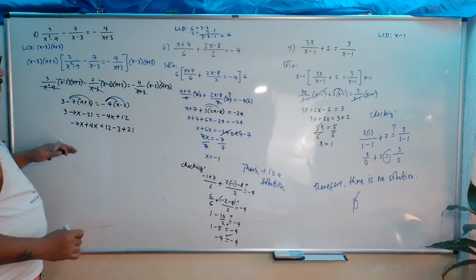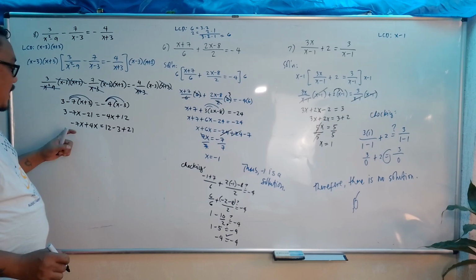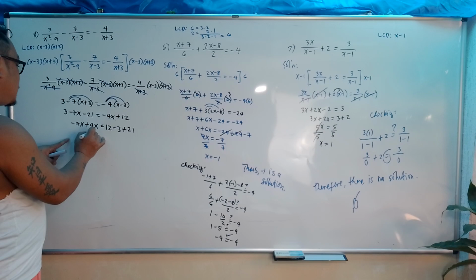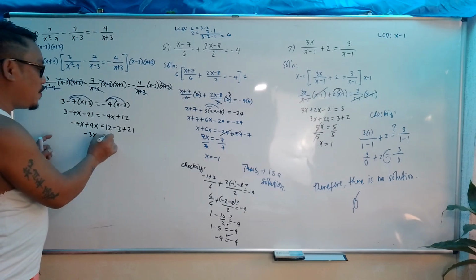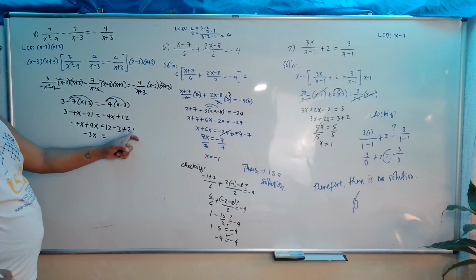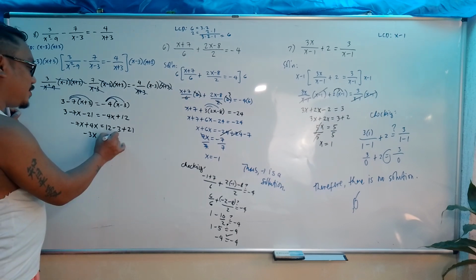Okay? So, ano na siya? Simplify further again. Negative 7 plus 4 is negative 3. Then you copy x. Is equal to 12 plus 21 is 33. Minus 3, you have 30.